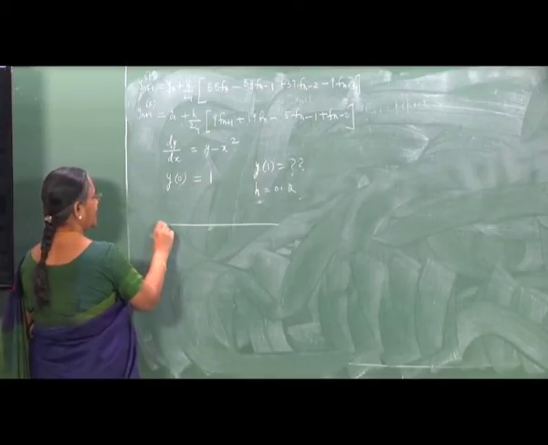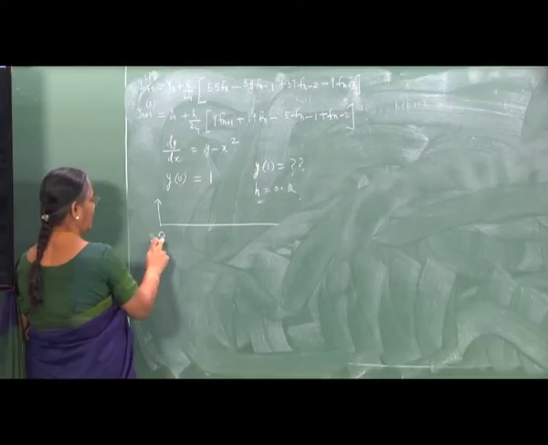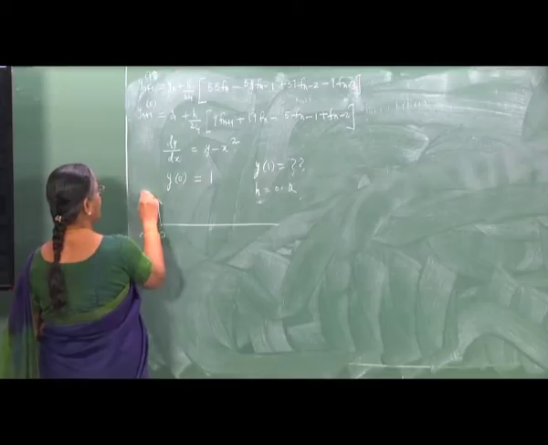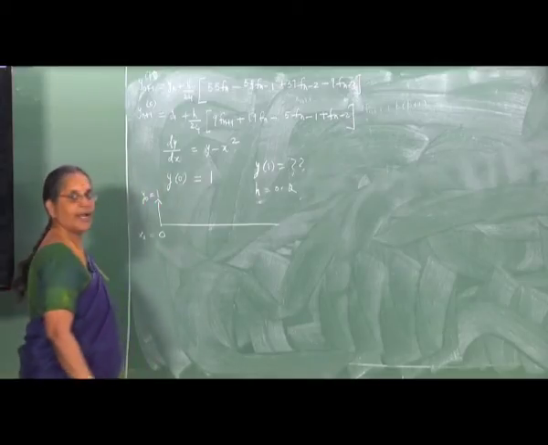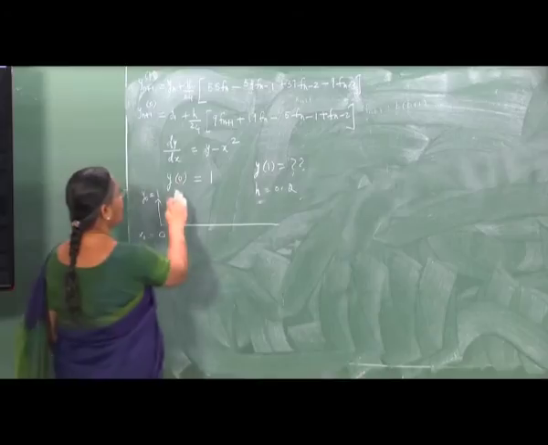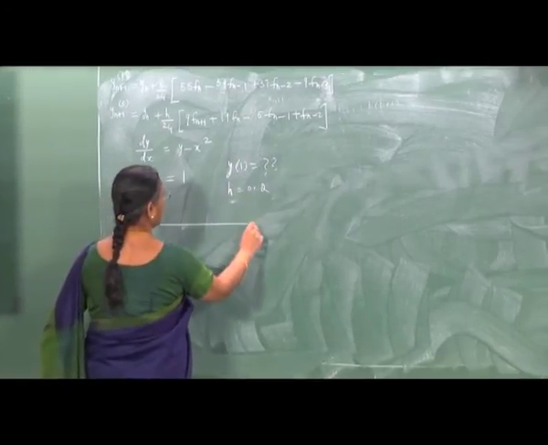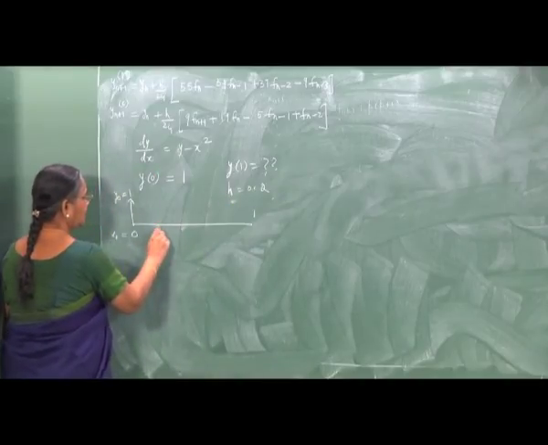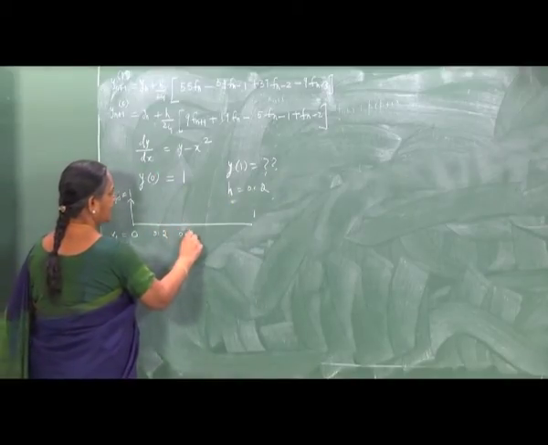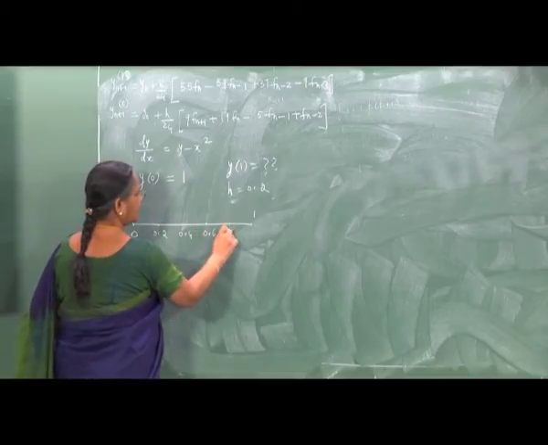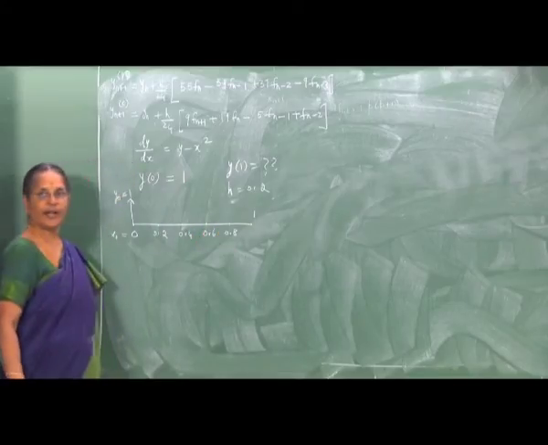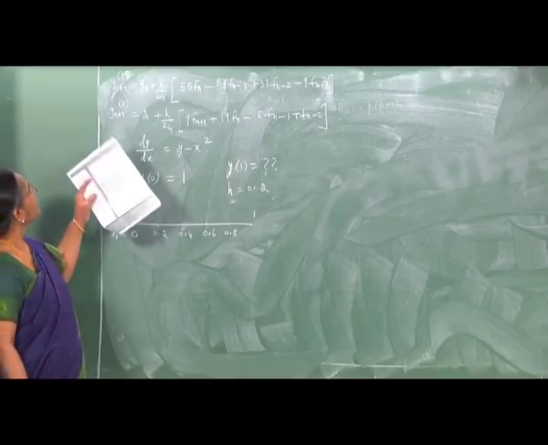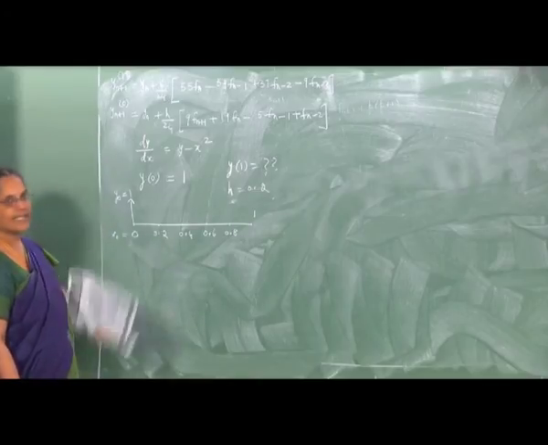If I call this x naught, y of x naught is y naught, and that is given to be 1. And I require the solution at 1, and I am asked to go in steps of h, which is 0.2. So, let us mark these points 0.2, 0.4, 0.6, 0.8 and 1, and I am asked to use Adams predictor corrector method.